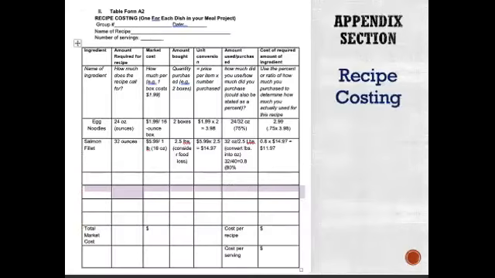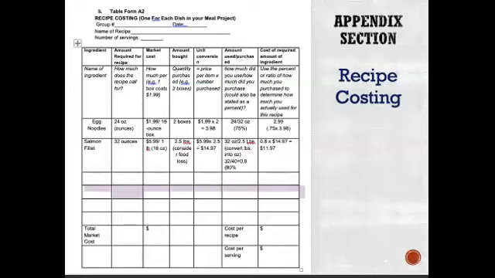Now, let's continue talking about our meal project. If you look at the template I gave you for your meal project, you're going to have an appendix section. That's going to be the very last section of your entire paper.